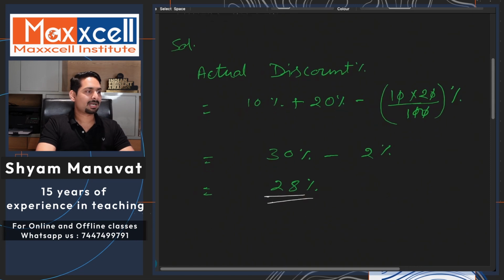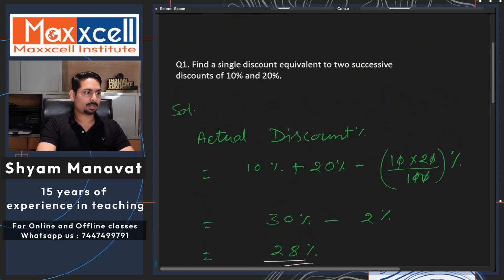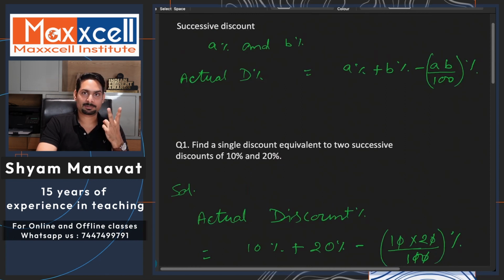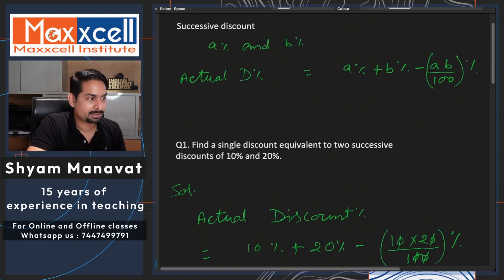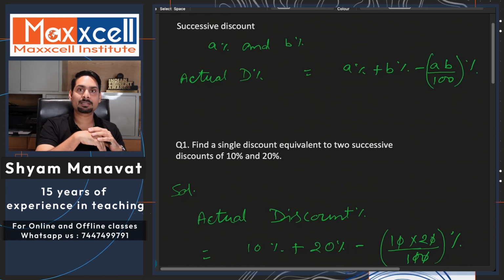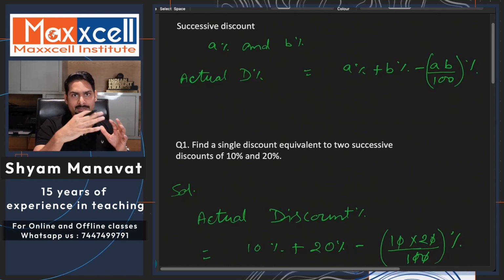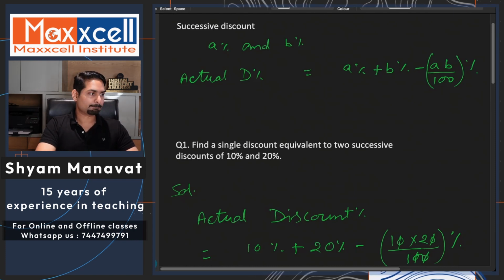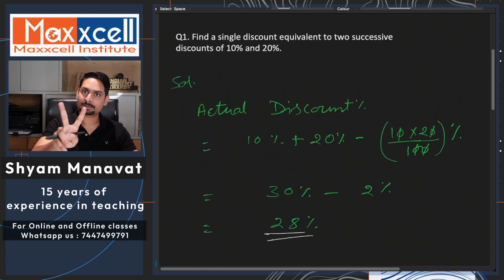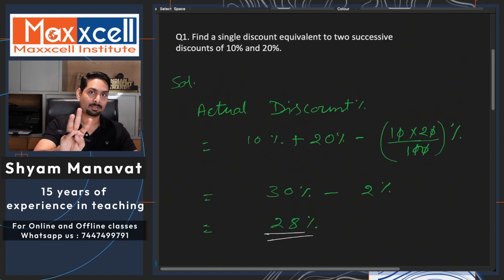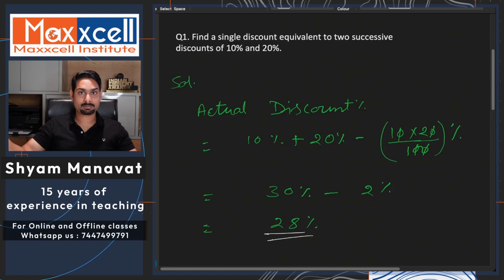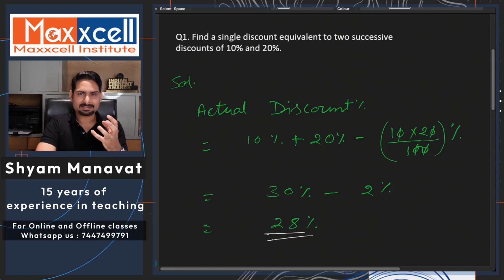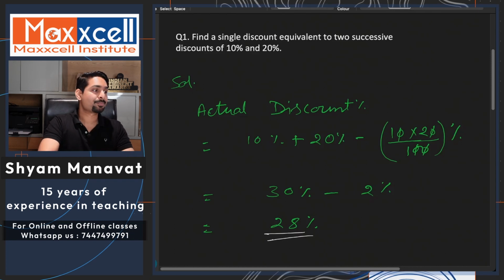Now this formula will not work if there are 3 successive discounts. This formula is only for 2 successive discounts, and that's why I keep saying, and I firmly believe, try reducing the formulas list as much as possible. Because you have to remember the formula for 2 successive discounts as well as 3 successive discounts, and if the number of discounts increases... But if you understand the foundation, the basics, then things are much easier for you.